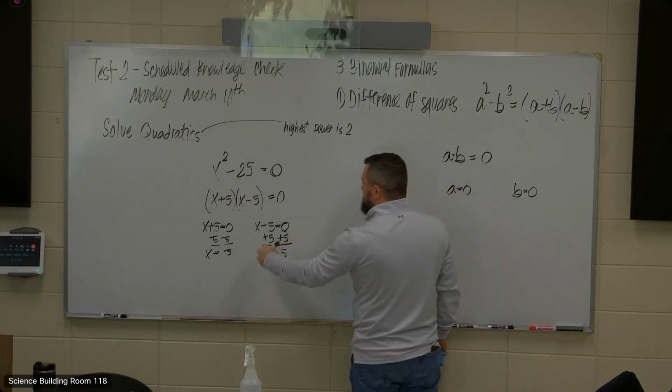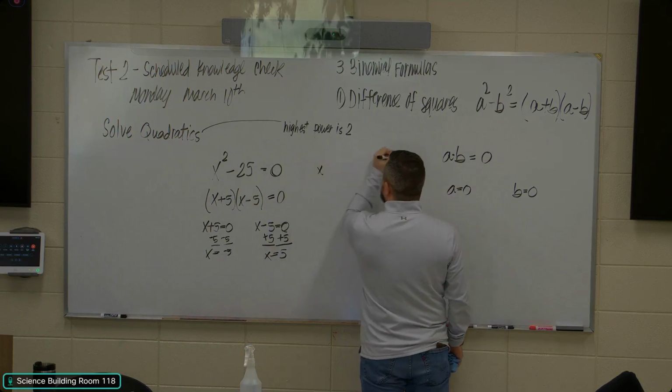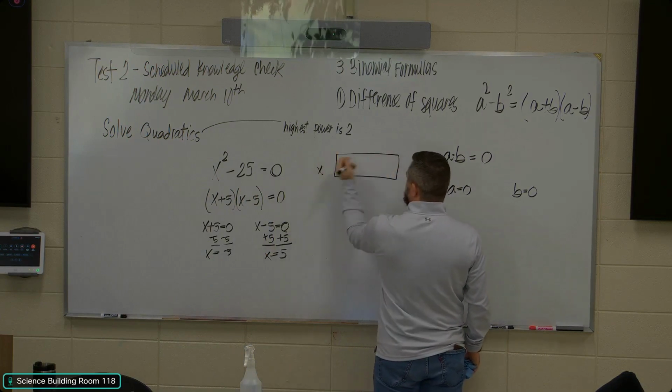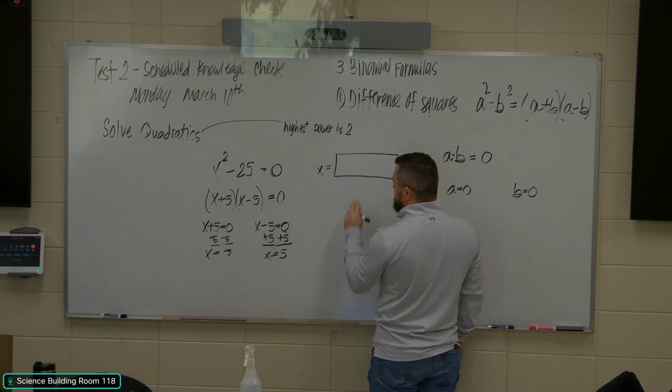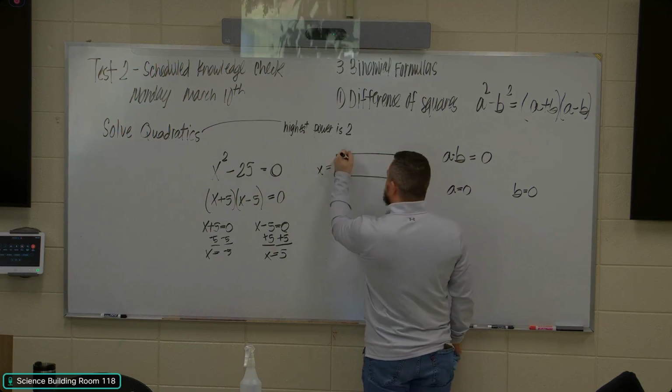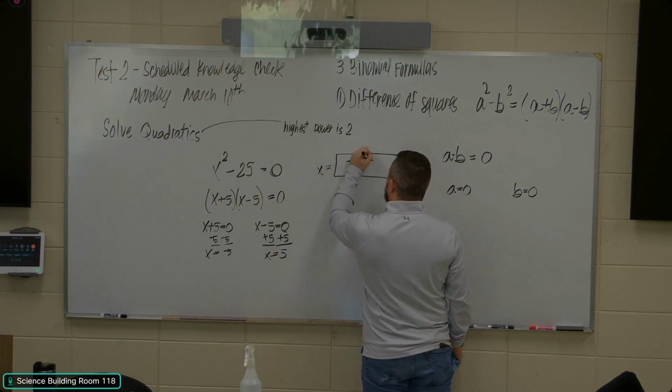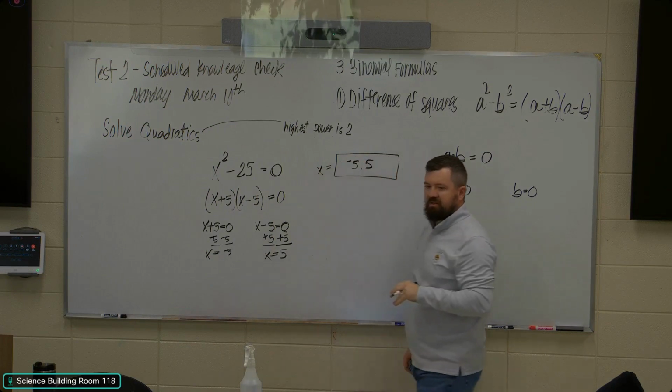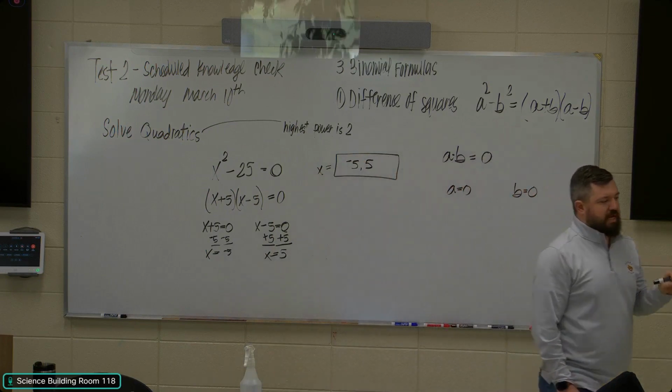If you had to type that in, it would probably be like type it into this box. You could just type -5, 5 or 5, -5. The order doesn't matter.